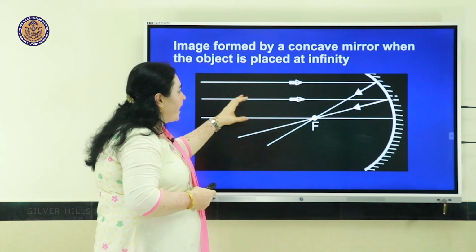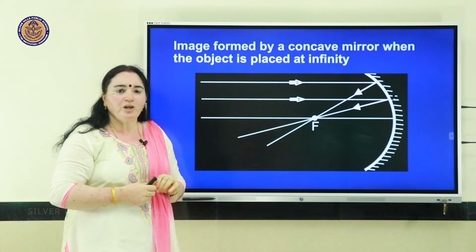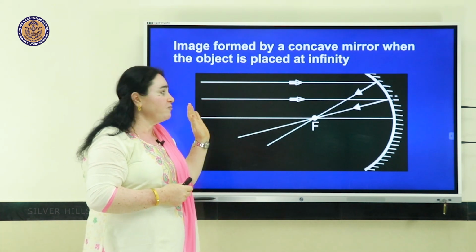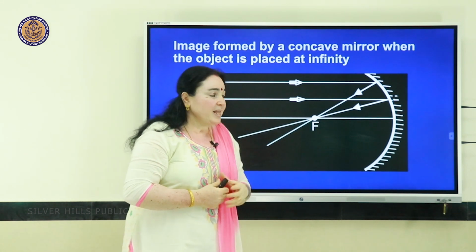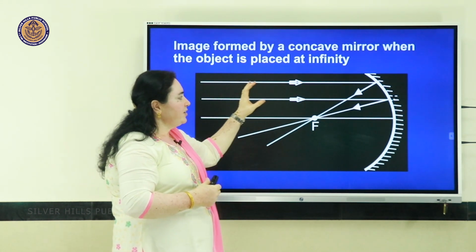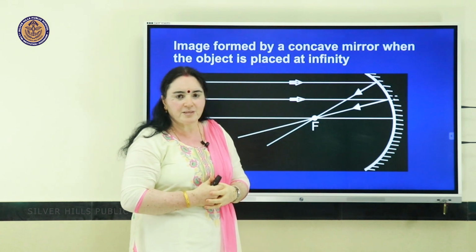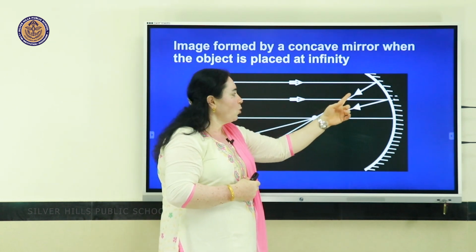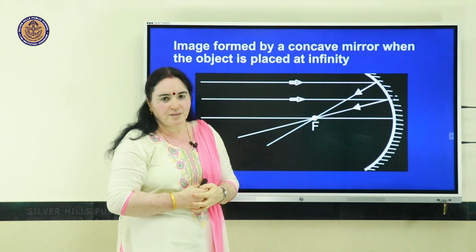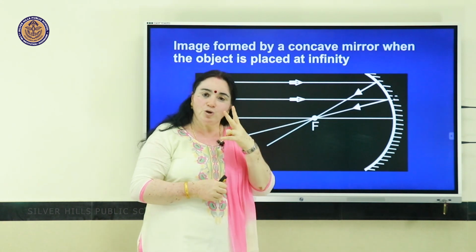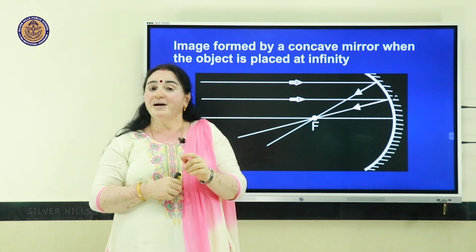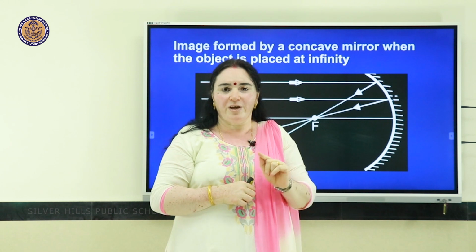So, these parallel rays of light are actually drawn as rays of light coming from infinity. These rays of light, after hitting the reflecting surface, as the rule says, should all pass through the focus. In this case, I have selected two rays of light, but they are using the same rule over here.